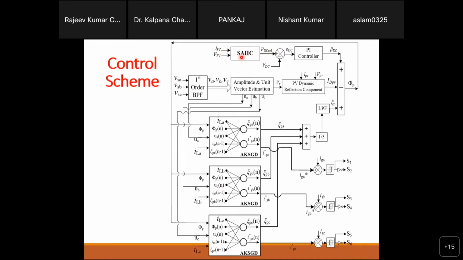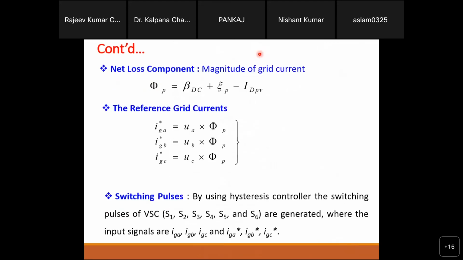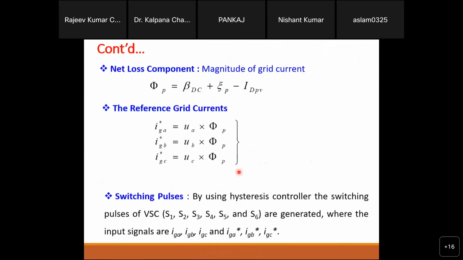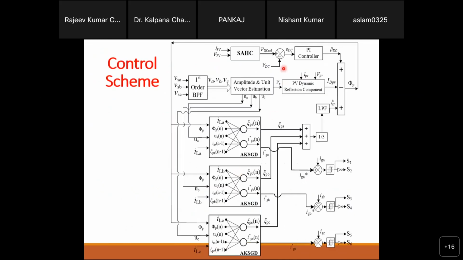Maybe you can choose any MPPT technique. That MPPT technique will give the VREF. But VREF for what? This is VREF for the VDC, right? You compare it with the actual VDC, generate the error, give it to the PI, and that will generate one component here. So this is mainly your DC loss component, you can say.